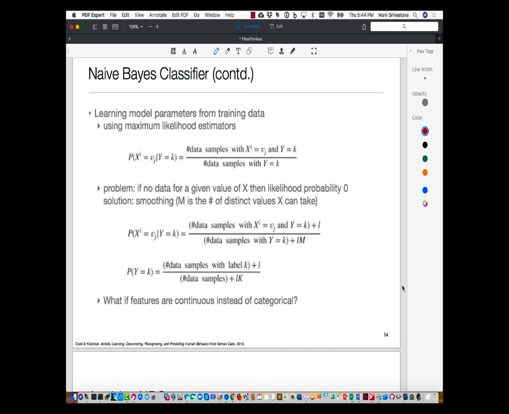But sometimes the sample count will be 0, so I may not see it. And once it becomes 0, the numerator becomes 0. It doesn't really matter what else I have. So this is why we use this additional term, this and this. This is called Laplace smoothing.